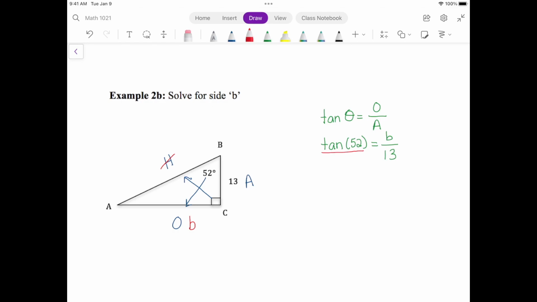Again, we're thinking of this as over 1. So 1 times B is B, and this side is going to be 13 times tan of 52. And I get 16.64 if I round to 2 decimal places.